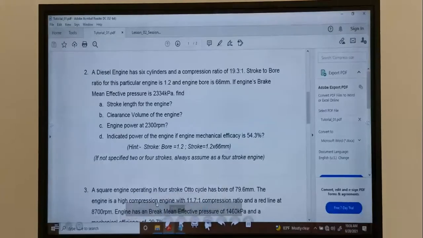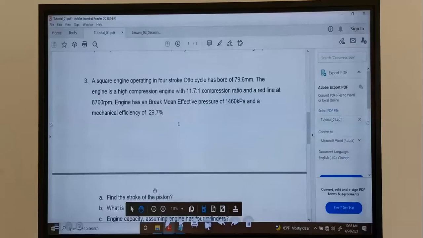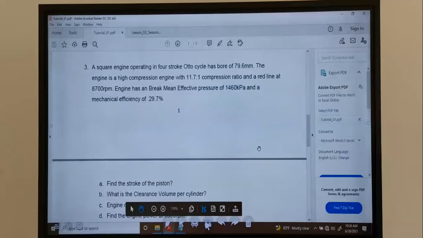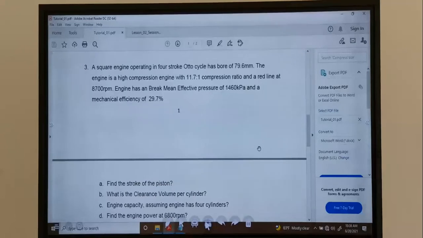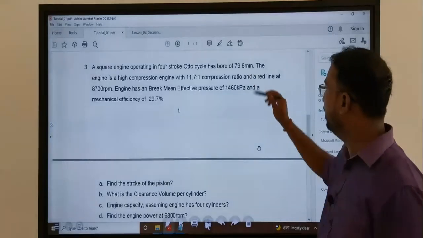Okay, now we move to the next question, the third one. A square engine operating in a 4-stroke Otto cycle has a bore of 79.6.